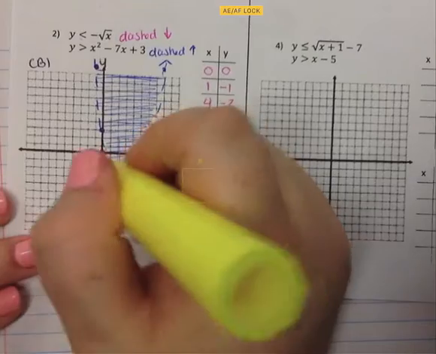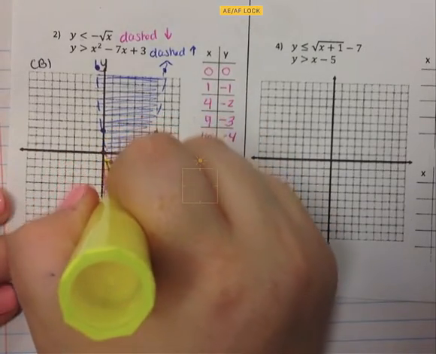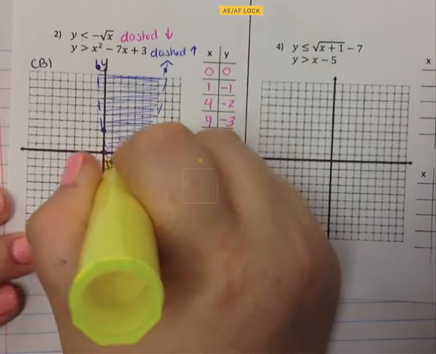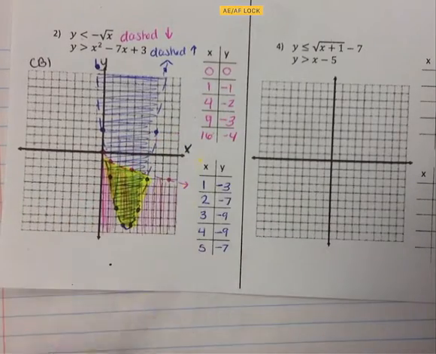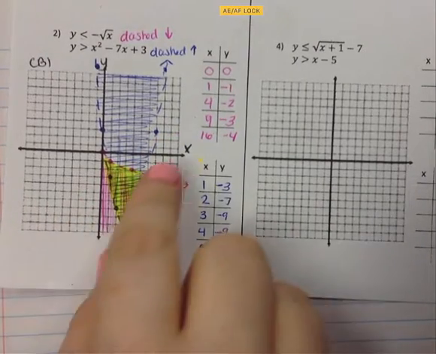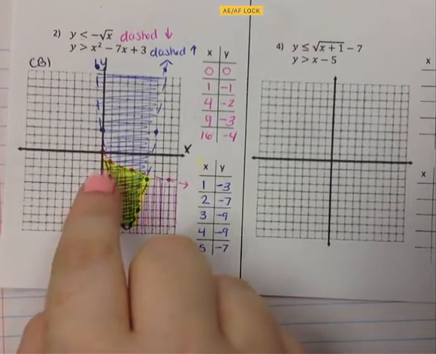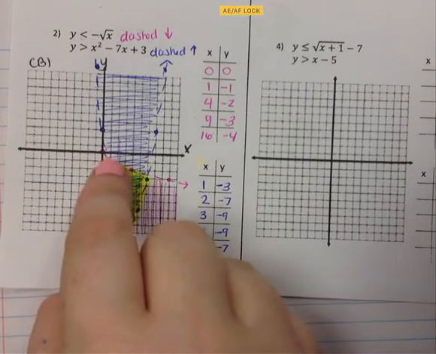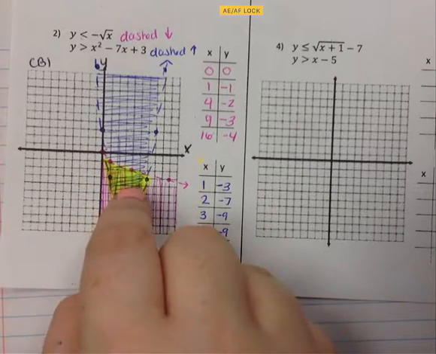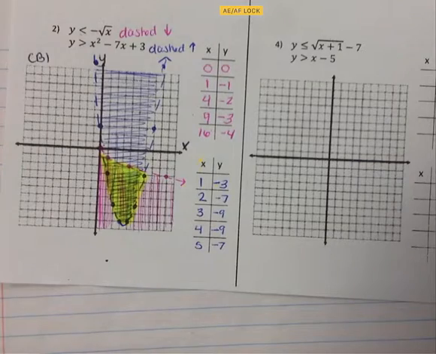So I'm going to highlight this location. Now remember that since it's a dashed line, the coordinates on the parabola and on the radical are not part of the solution set, but anywhere inside the middle of that would be a solution to it.